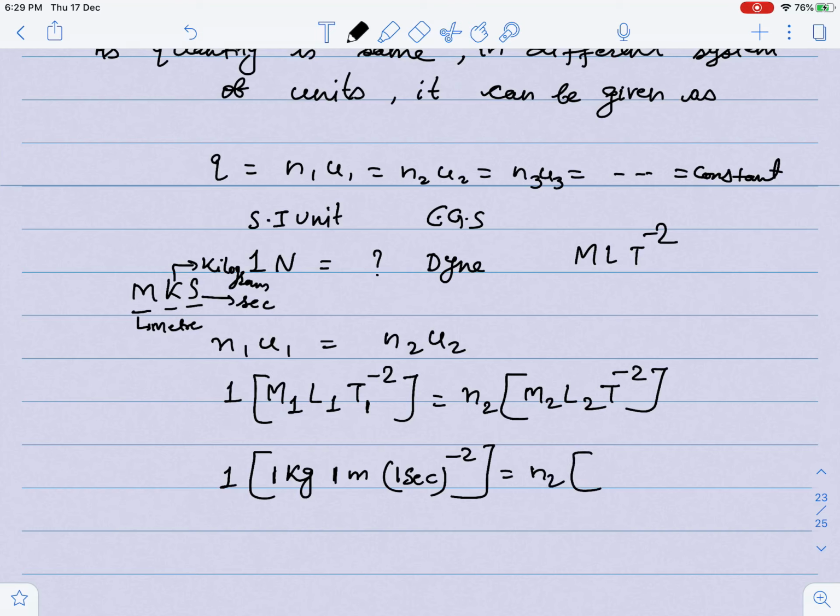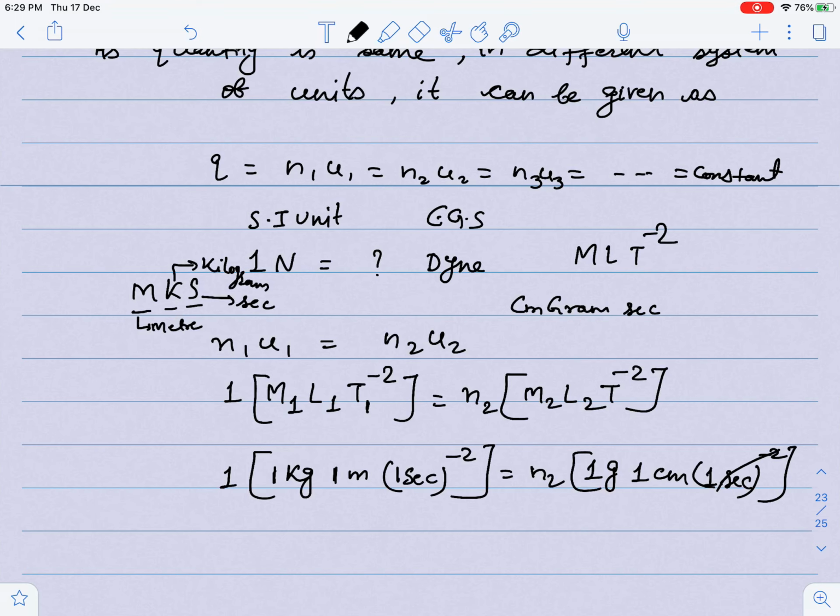For n2, this is the CGS unit. CGS stands for centimeter gram second. So m2 I can write as 1 gram, l2 as 1 centimeter, and time as 1 second to the power minus 2.